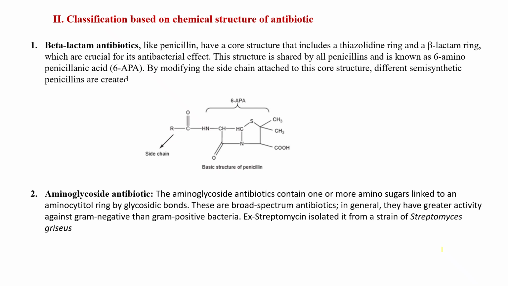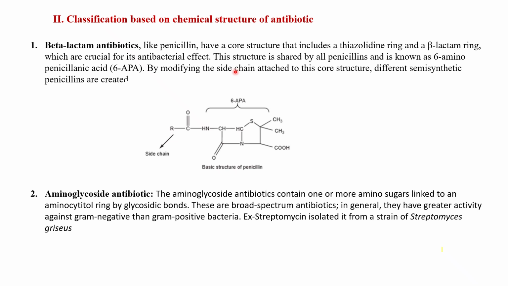The second class is based on the chemical structure of antibiotics. So here also we have groupings depending upon the basic chemical structure of the antibiotic. Remember, the earlier class was grouped according to the action, and the second class is based upon the structural aspects of the antibiotic. Here, the first important group is called beta-lactam antibiotics.